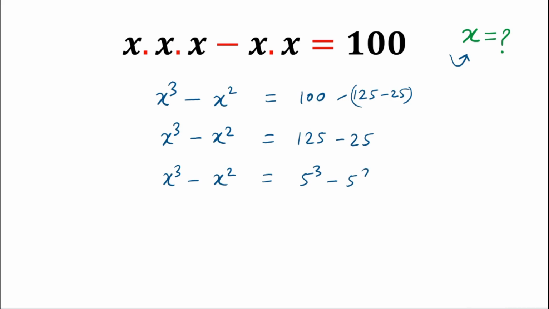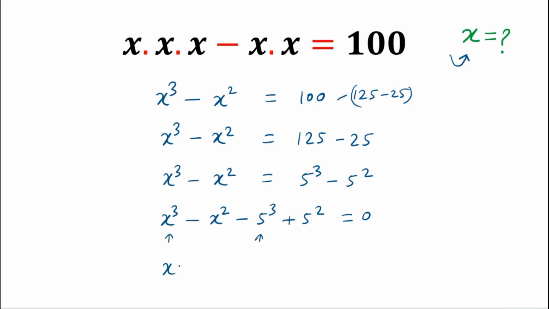Now if we take all the expressions to the same side, then x power 3 minus x power 2 minus 5 power 3 plus 5 power 2 is equal to 0. Look carefully here, x power 3 and minus 5 power 3.